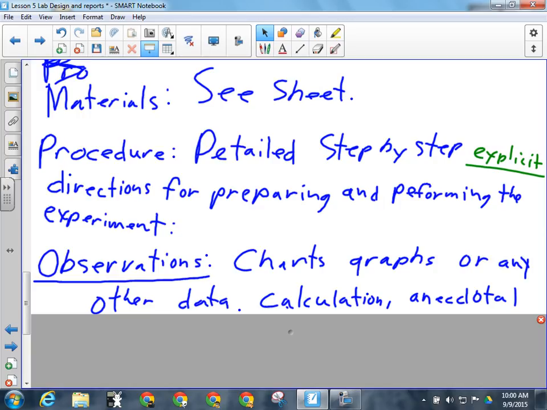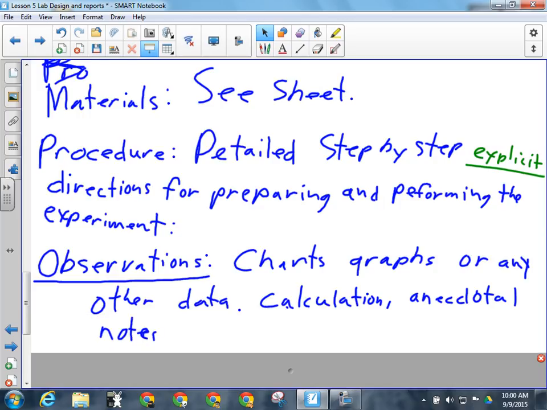Pictures would be a qualitative observation. Anecdotal means like you wrote a story, not really a fictional story, but it was observed today that the plant was a little darker green, or the leaves were a little droopy today, something like that. Anecdotal notes.